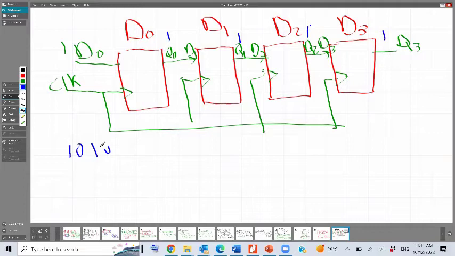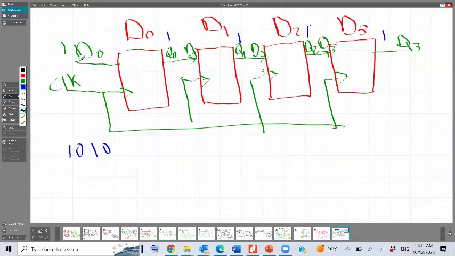If you have a long trail of zeros and ones, it will continue and it will be pumped from one stage to the other with the clock cycle. Please note the input to D0 will never reach Q3 until we have 4 clock cycles, 4 rising edges to reach the output.